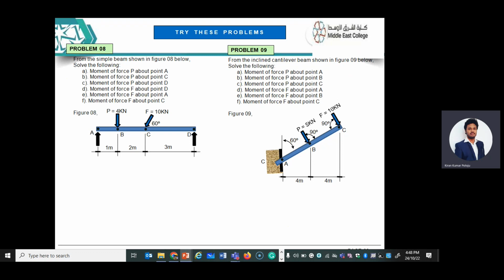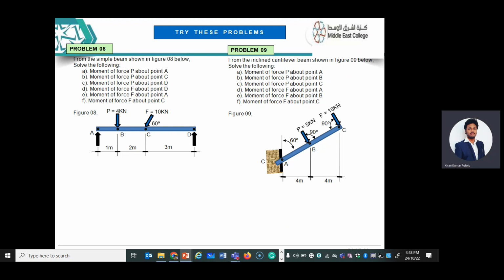So we calculated Px and Py. Now what you have to calculate? Movement from point D. Movement of force F from point D. How much? Please tell me. How much?